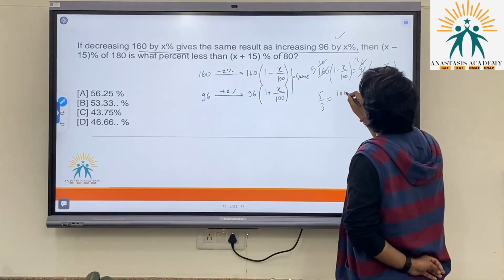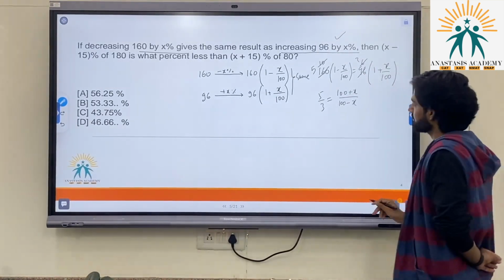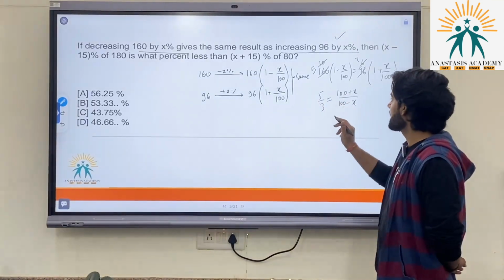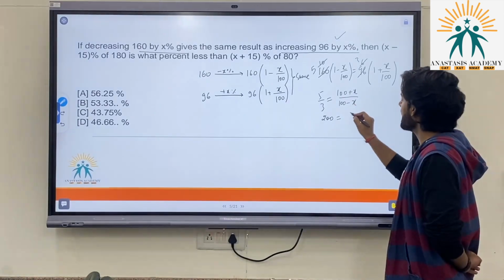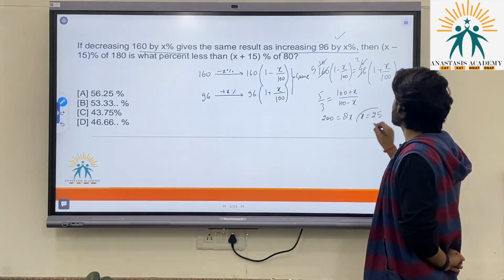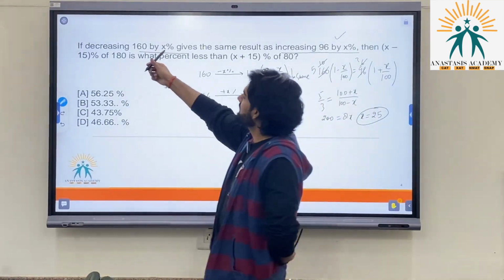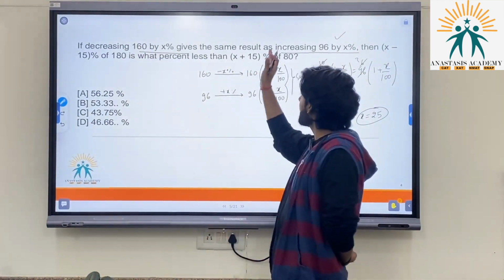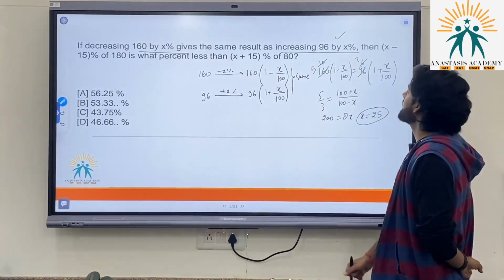So this is 500 - 5x = 300 + 3x, so 200 is equal to 8x. And from here we get x as 25. So precisely we are decreasing 160 by 25% and we are increasing 96 by 25% to get the same result.